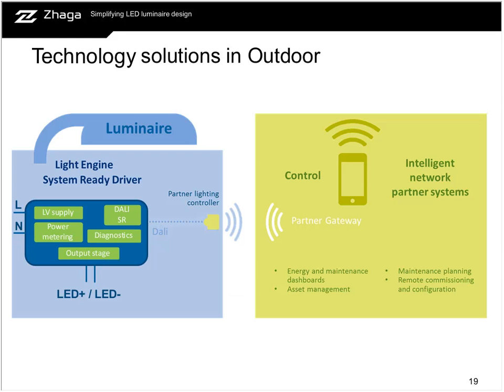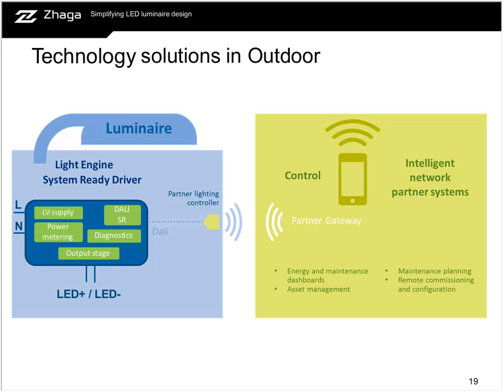At the right side, you can see the other important stakeholders of the system, which are the network partners, because they will take care of the dashboards, so they can develop the energy and maintenance dashboards. They will also do the asset management and maintenance planning, but also commissioning and configuration can be done remotely via this partner gateway.